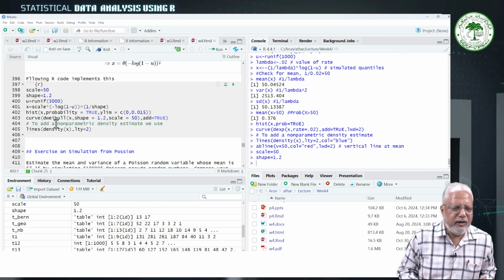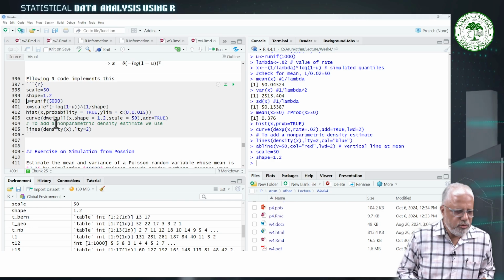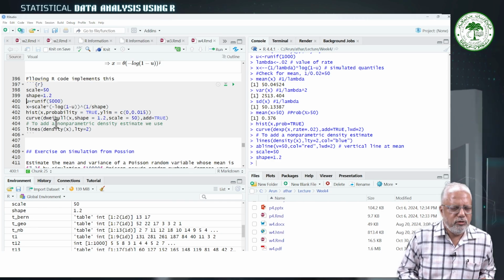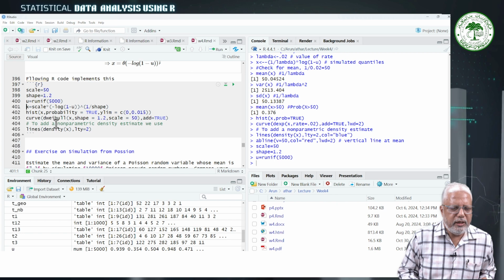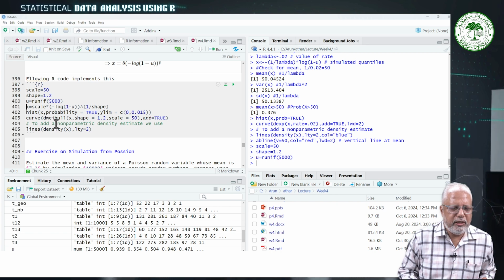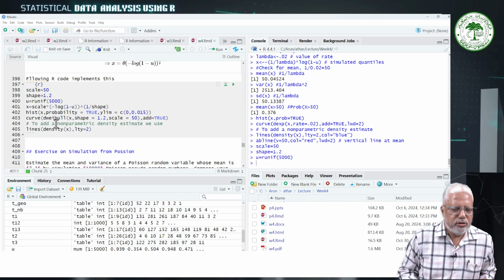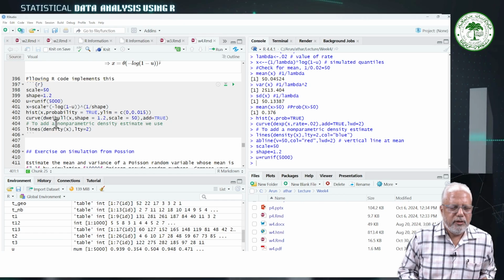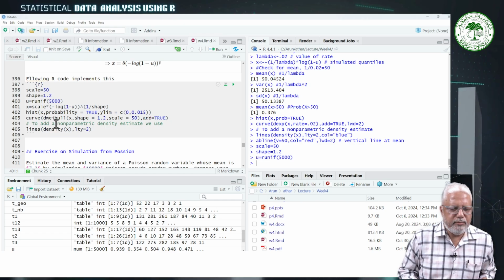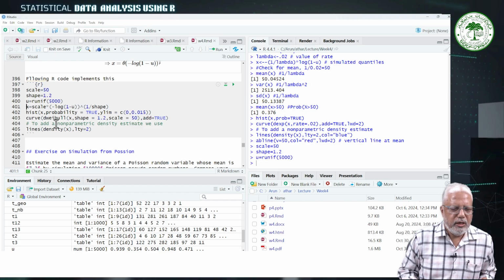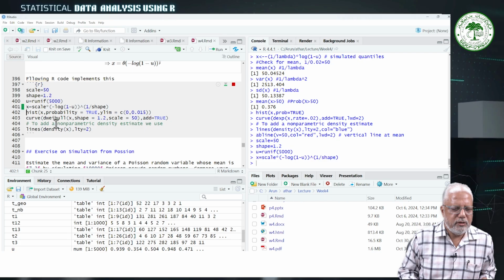Then we are simulating 5,000 observations from the uniform distribution, uniform 0, 1, and then we are computing the simulated quantiles from the Weibull distribution with shape equal to 1.2 and scale equal to 50.